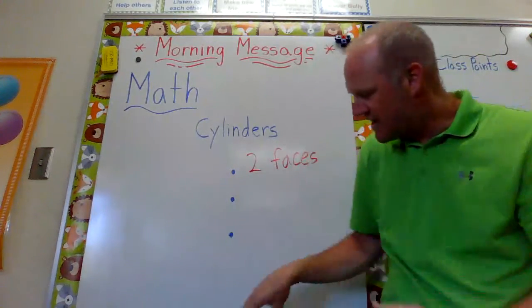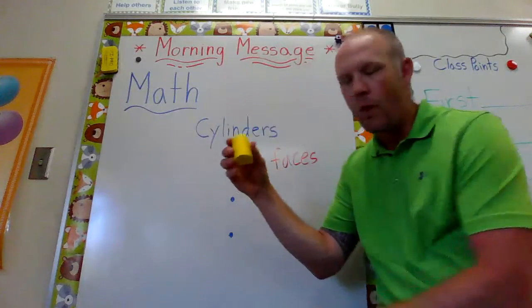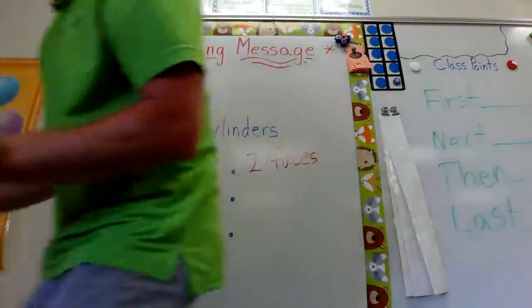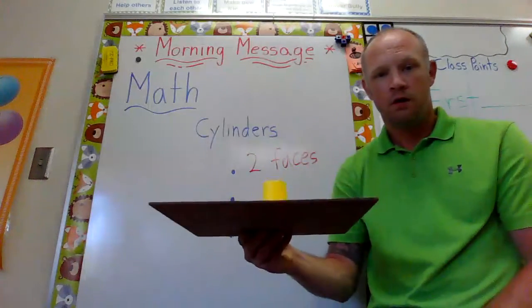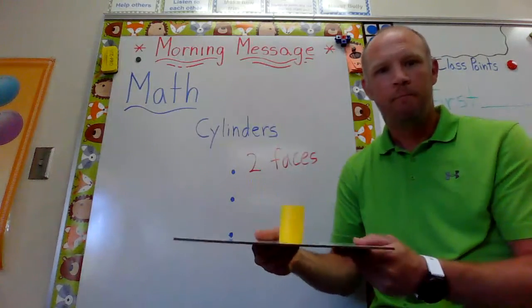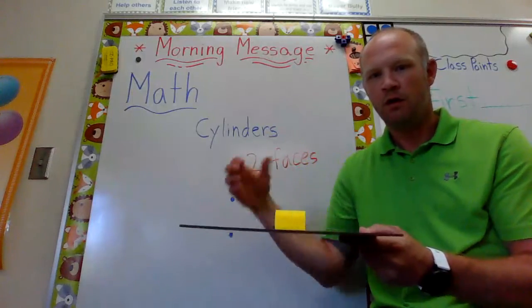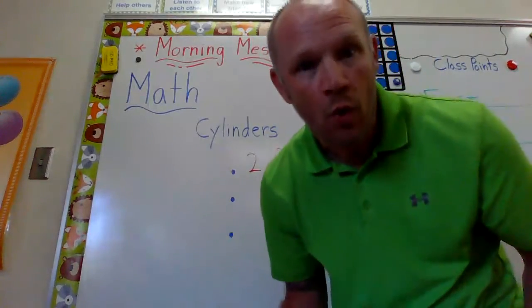Now, what else is kind of unique or different about this shape? Well, let's get out one of our whiteboards. Does it sit flat? It does. Nice job. But what happens if you turn it on its side? It rolls.